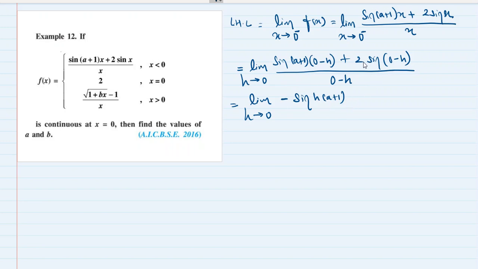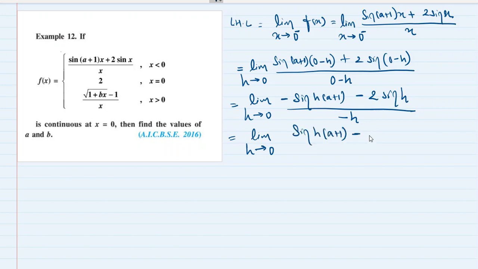Here also sine of minus h, which is minus 2 sine h, the whole upon minus h. Now because there is a minus sign common in numerator and denominator, I can take it out common and simplify. So limit h tends to 0 of sine of h(a plus 1) plus 2 sine h, the whole upon h.